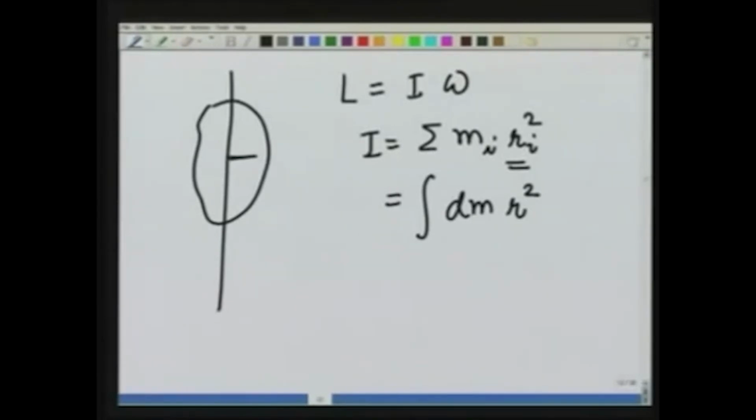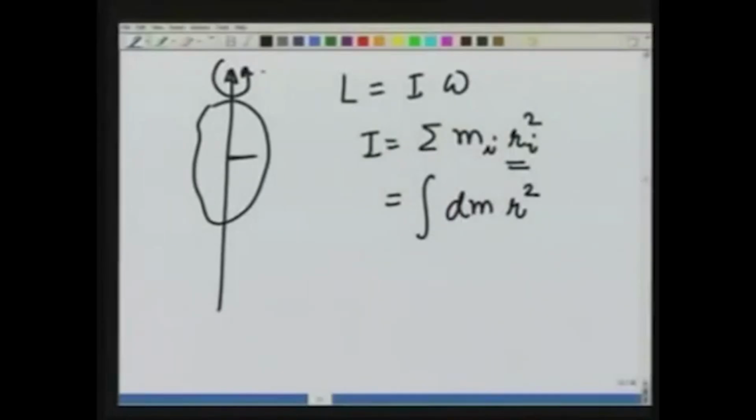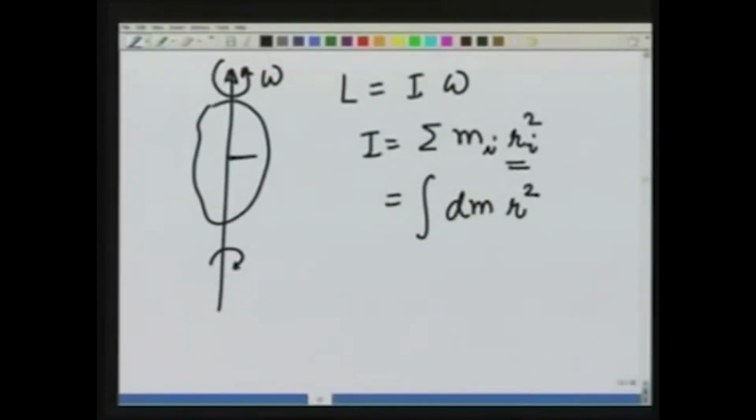Again, the sign convention is going to be, if I take my thumb in the direction of the axis of rotation, then the curl of my fingers gives me the positive omega. I mean, the thumb is pointing in the positive z direction or positive direction, whichever I choose, and the other way gives me negative. Remember, L is a vector quantity.